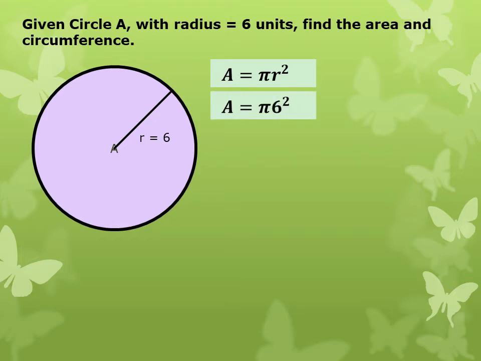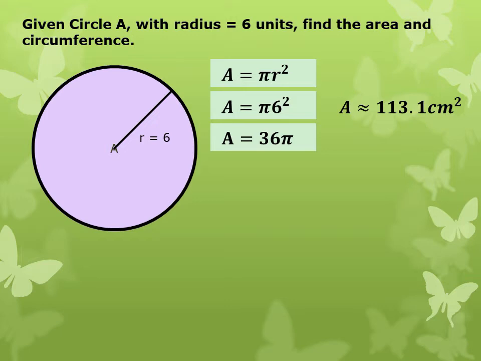So the area is pi times 6 squared, or 36 pi. Using the approximate value of pi, 3.1416, multiplied by 36, the area is approximately 113.1 square units.